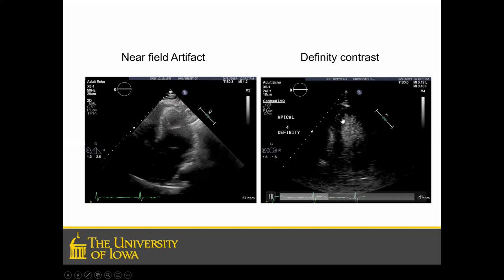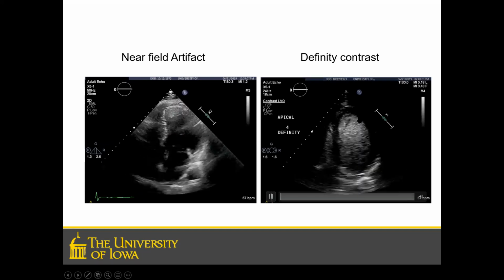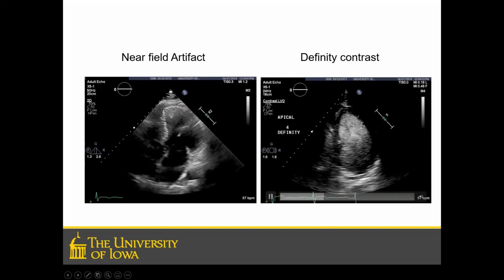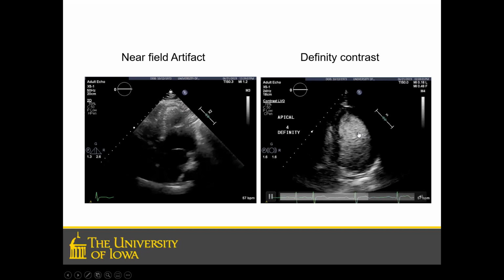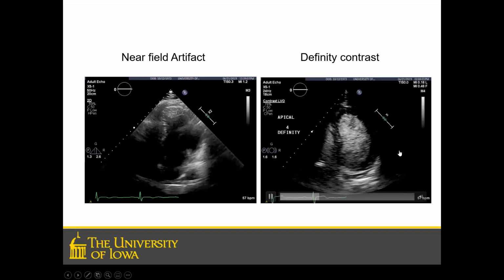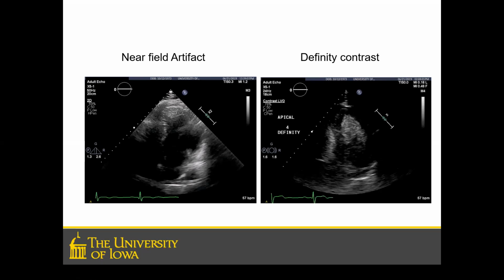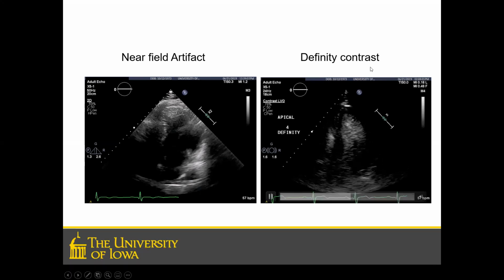The reason is that if you move the focal zone up, you're going to pop all your bubbles, and the contrast isn't going to last as long, and it's not going to fill well into that apex. So typically we keep the focus down. I point that out because in the previous slide, I'm telling you about moving the focus up. That is true until you push the contrast, and then we move it back down.